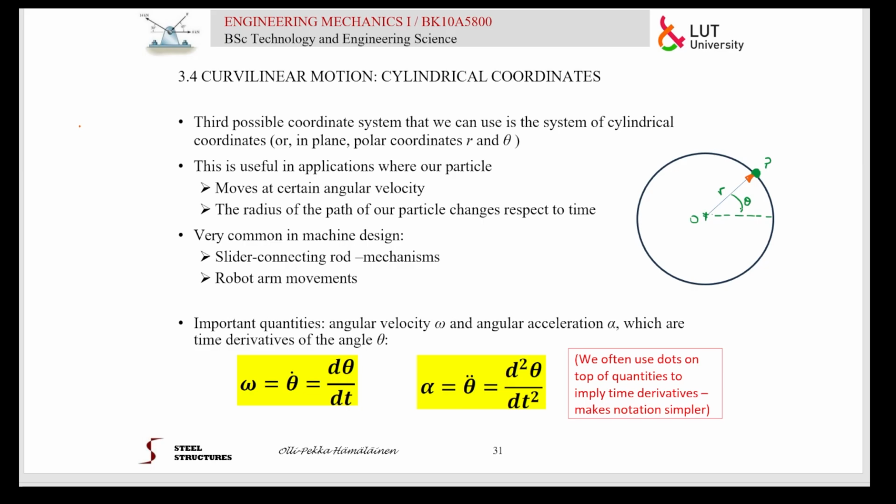Now, as we talked about velocity in the x and y directions because x and y were my two coordinates, now in my cylindrical coordinate system r and theta are my two coordinates, so I can extract from those also kinematic magnitudes. For example, the variation of this angle theta with respect to time is called angular velocity.